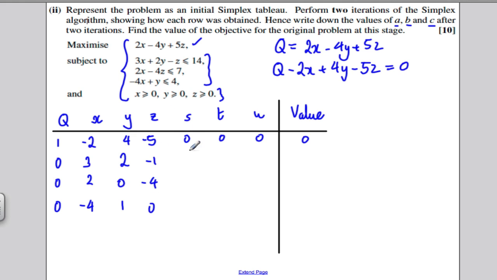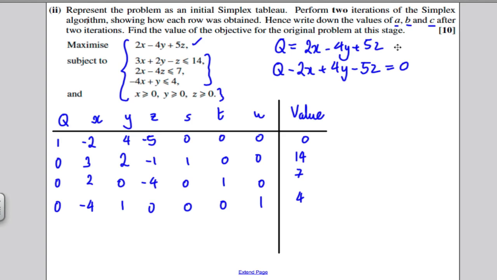Here we would have 1s, no t, no u. Here we're going to have 1t, so no s, 1t, no u. And here we're going to have 1u, so no s, no t, and 1u. The values are 14, 7, and 4. So we've put our problem into an initial tableau there.